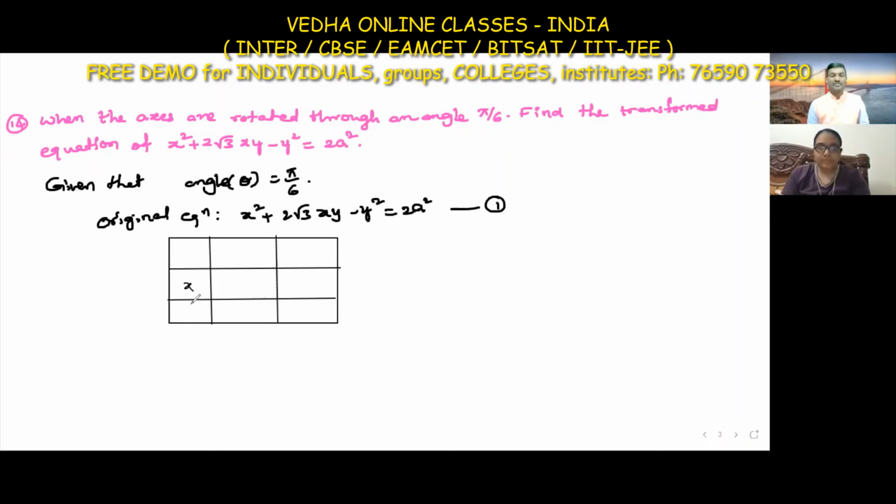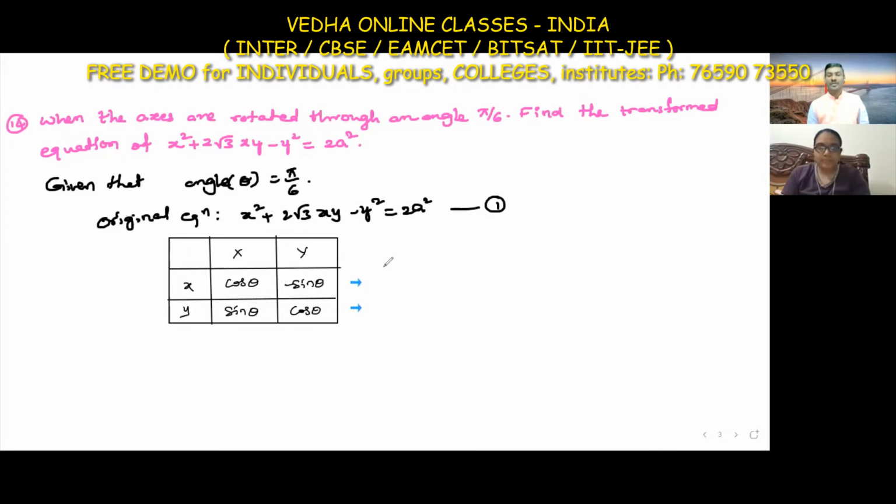Here I am taking the small x and small y and capital X and capital Y, with cos theta, minus sin theta, sin theta, cos theta. From this we want small x and small y. We substitute the small x and small y values, and the final answer we get in capital X and capital Y, that means the transformed equation.